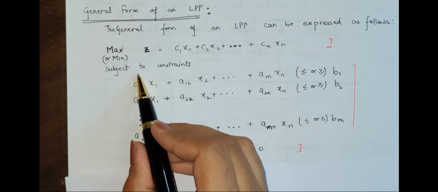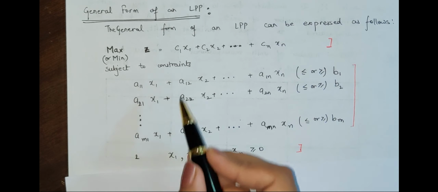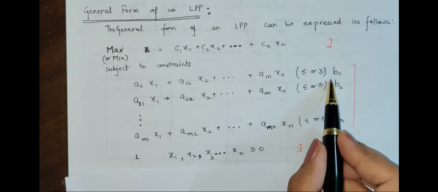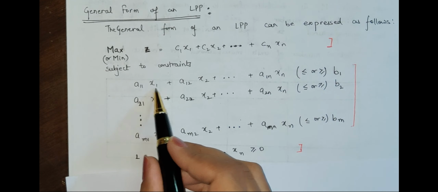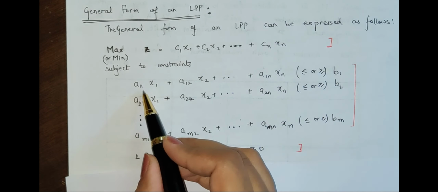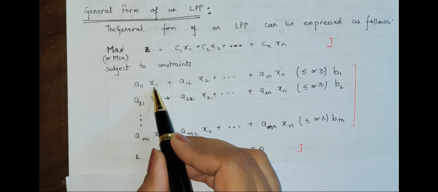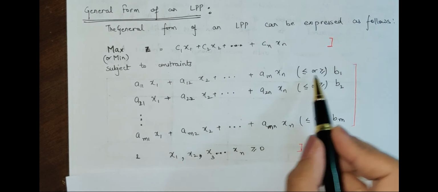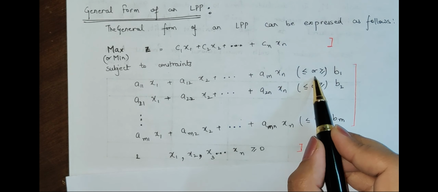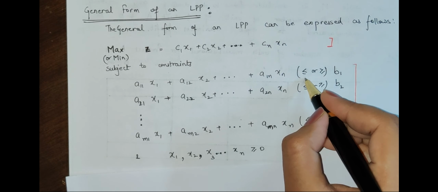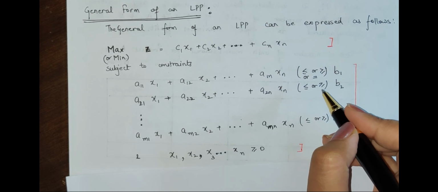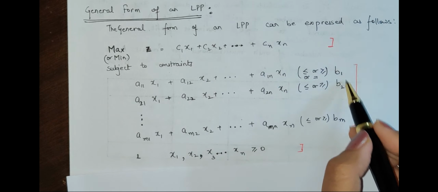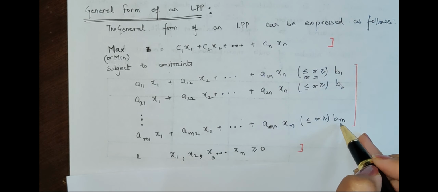Next, it is ruled by subject to constraints. There are a few constraints which are expressed like this, given by linear equations in this form. Since we have n variables, it is expressed like this: a11 x1 plus a12 x2 and so on till a1n xn, where any inequality can come, or even the equal symbol can appear. The right hand side involves certain constants which are known as b1, b2 and bm.